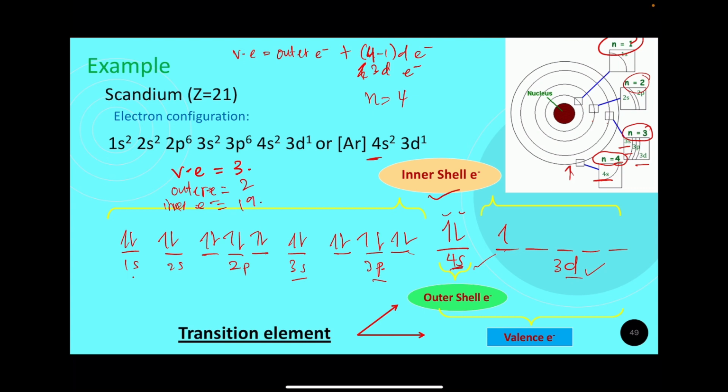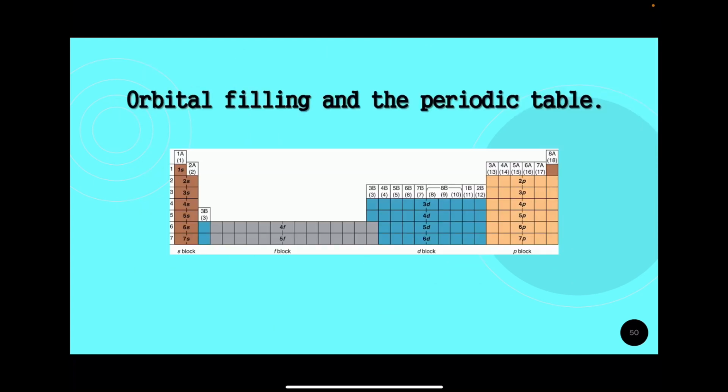We just subtract the outer electrons. Since you already have the outer electrons equal to 2, you just subtract: 21 minus 2 is equal to 19. That is how to get the inner shell electrons, outer shell electrons and valence electrons for a transition element.